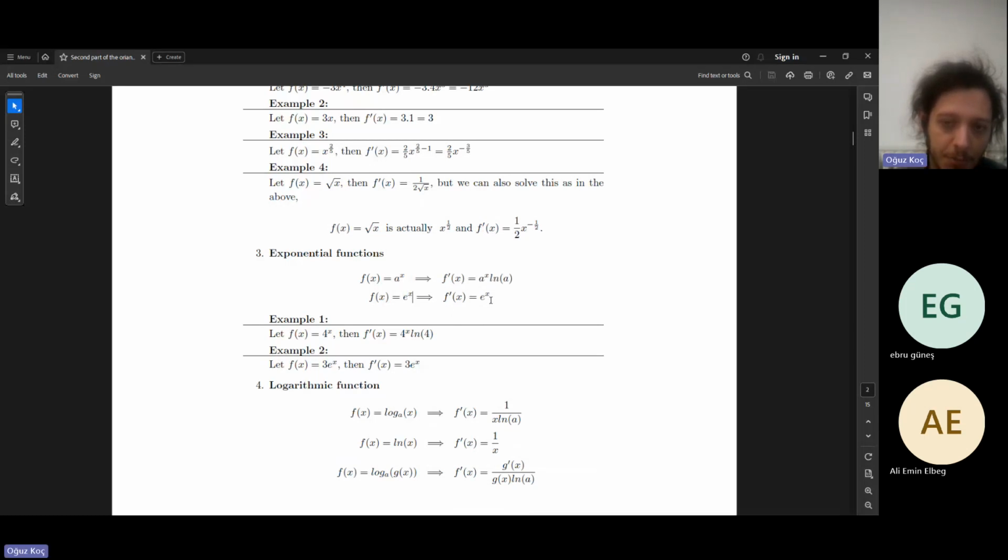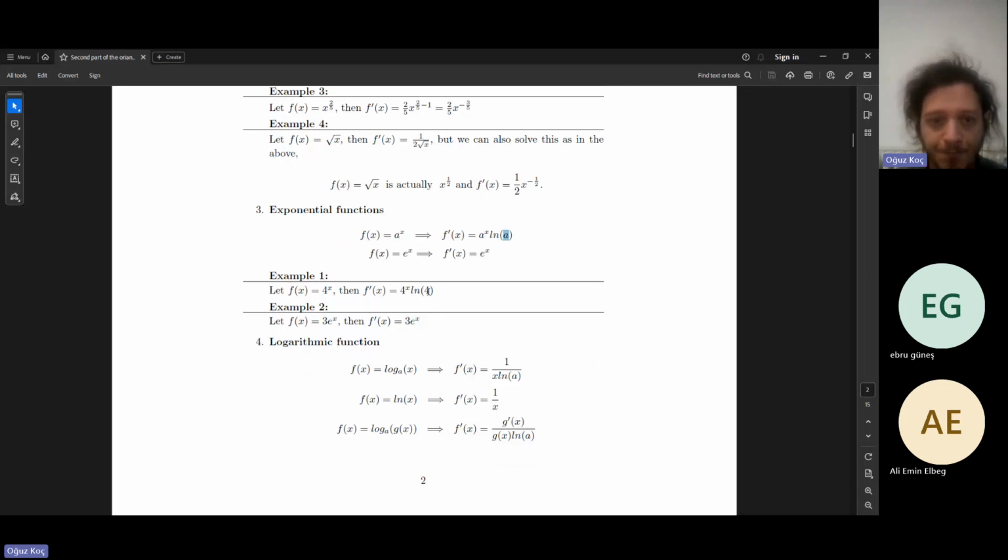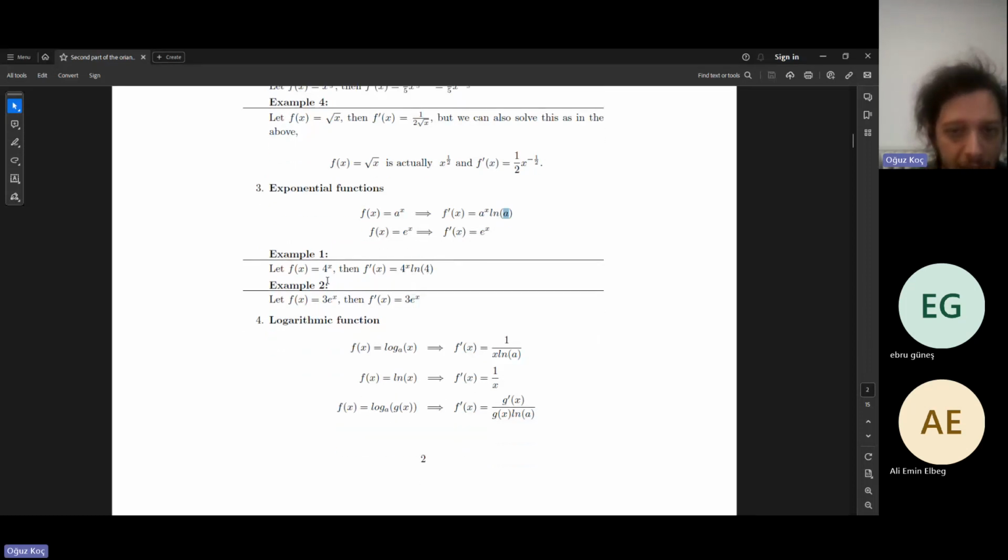If you put e into the ln function, since the base of the ln function is e, it is the natural logarithm. Since its base is e and the function's base is also e, they cancel out each other, and it becomes 1. Therefore, we can just write e to the x, and we have some examples.